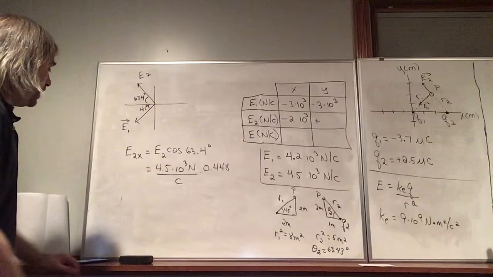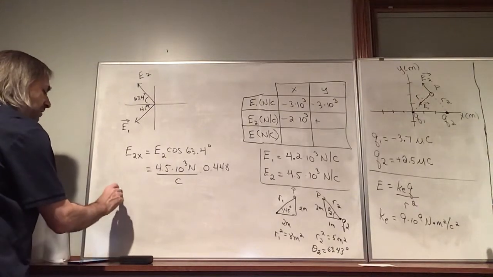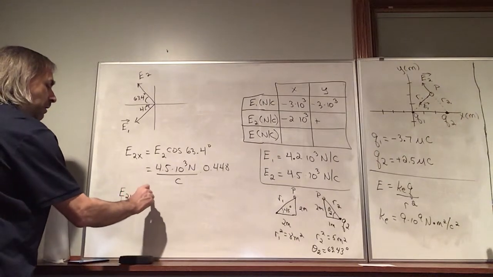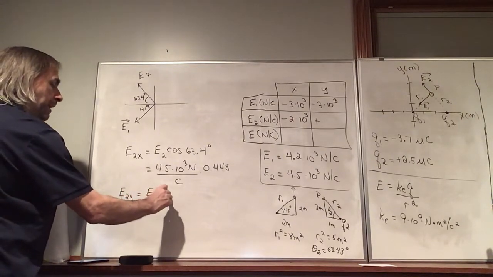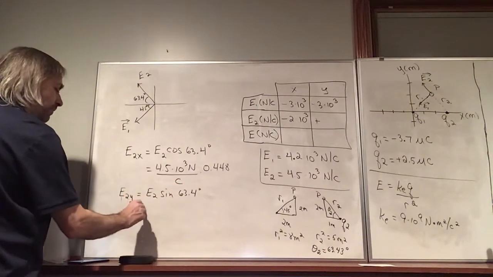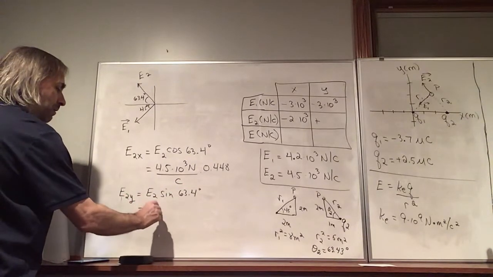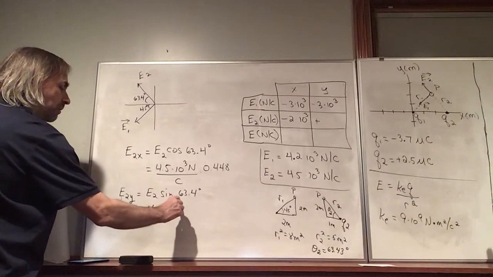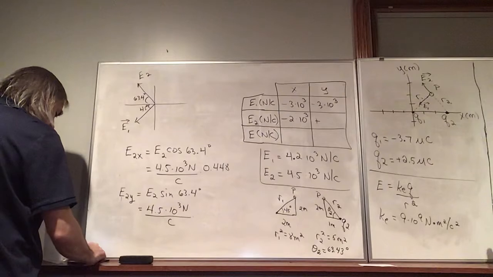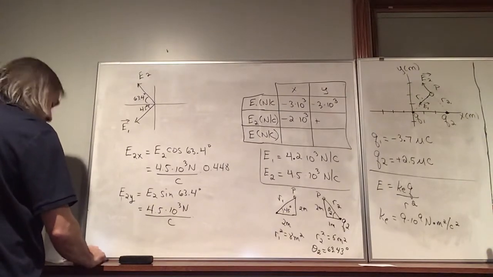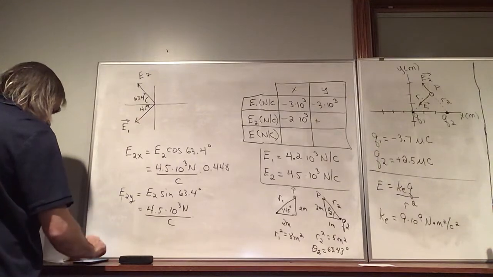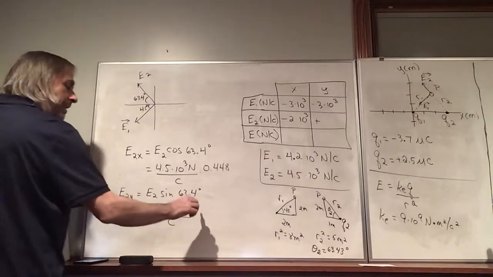And then for E2y, I didn't write this down for E1 because it was the same, but here I'd have E2 times sine 63.4 degrees. So we need sine of this angle, 63.43. That's about 0.89.